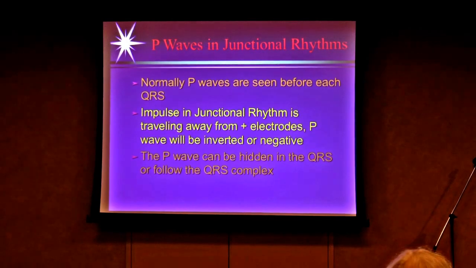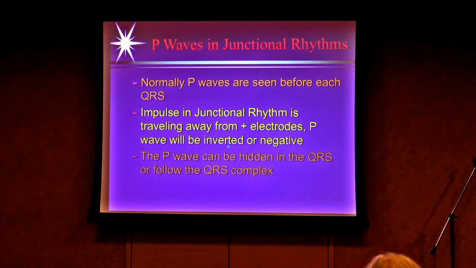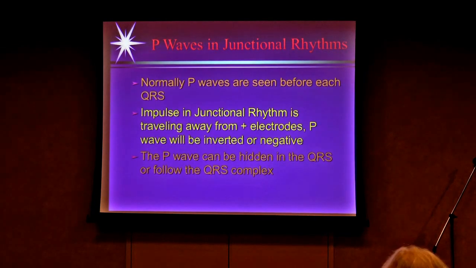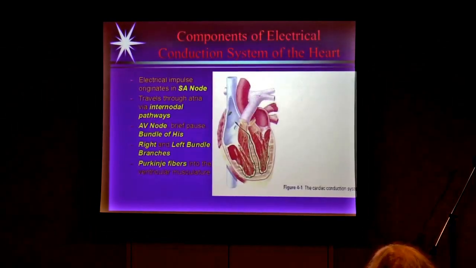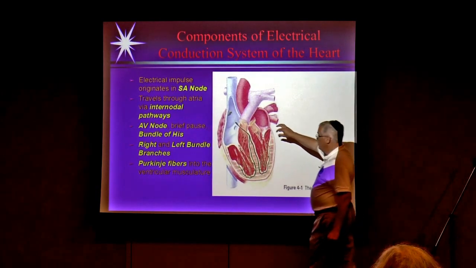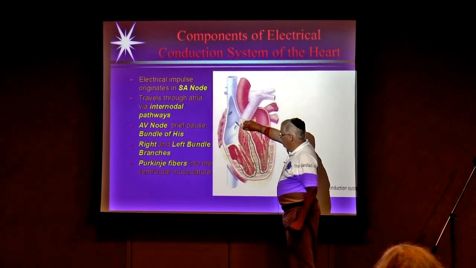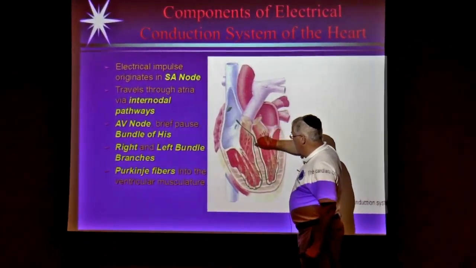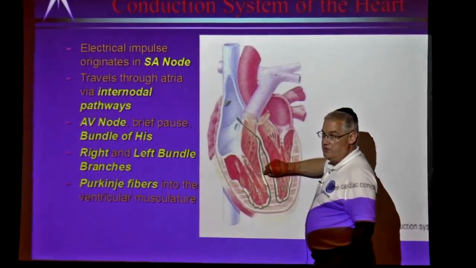So in junctional rhythms, the P wave can be absent or inverted, but it should not be normal. So a normal P wave should not be there. Let's go back for a second, and see what's going to happen. If this area in here is what fires, nothing up here, and the impulse only goes this way, are you going to see a P wave?